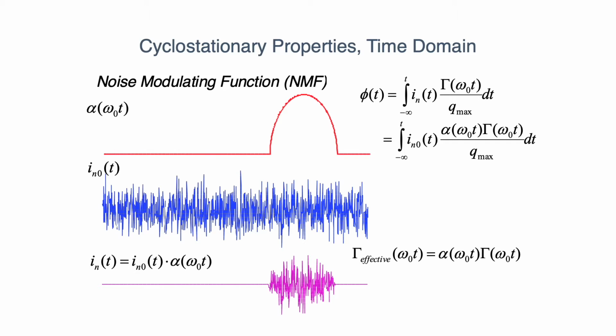So this red plot multiplied by the blue plot produces the pink. Then you can write your cyclostationary noise, In(t), as the product of the stationary noise, In0(t), and α(ω0t), which is the noise modulating function.